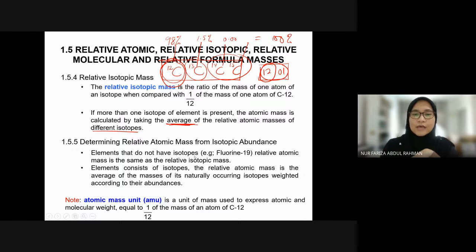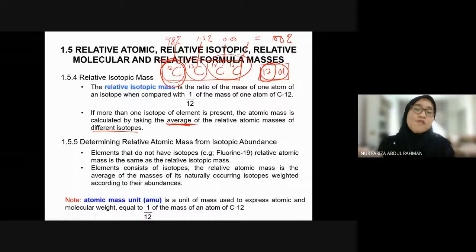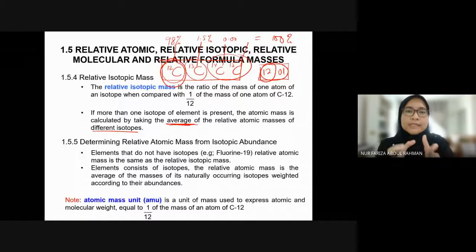So some of the elements in the periodic table do not have isotopes, and some of them have isotopes. For those elements that do not have isotopes, the relative atomic mass is the same as the relative isotopic mass. For this element, we do not have to consider the average, because there is no isotope available for that particular element.